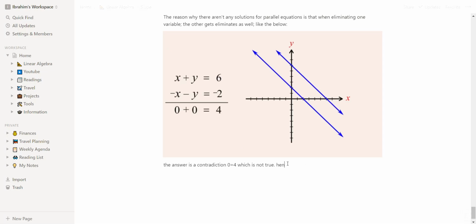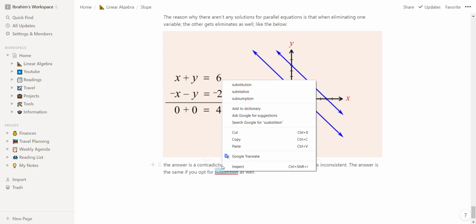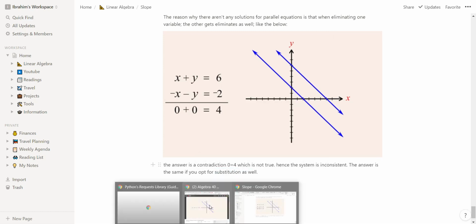Attempting to solve this system by the substitution method will also produce a contradiction. Solving the bottom equation for x, we get x equals 2 minus y, which can then be substituted for x in the top equation, producing an equation with only the variable y.